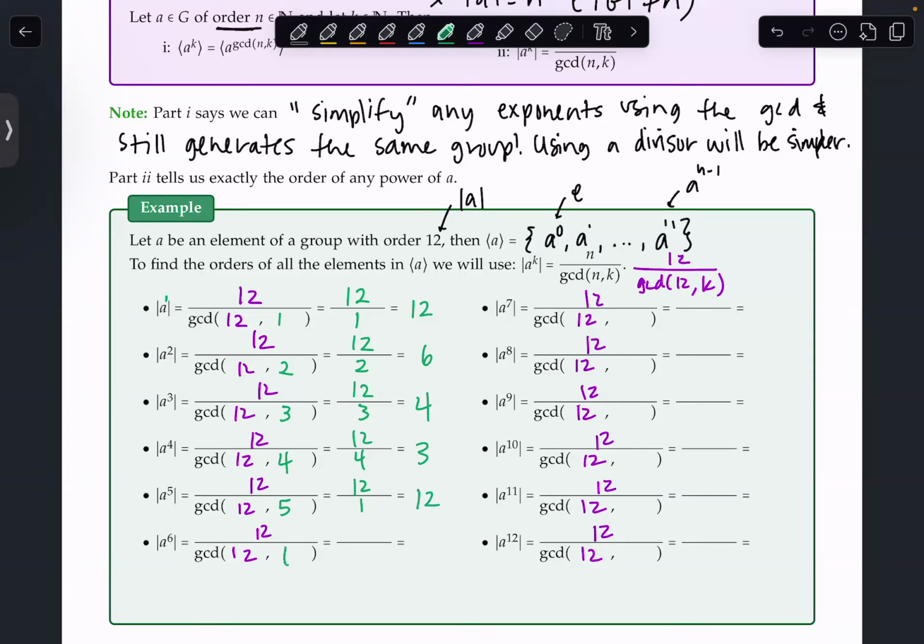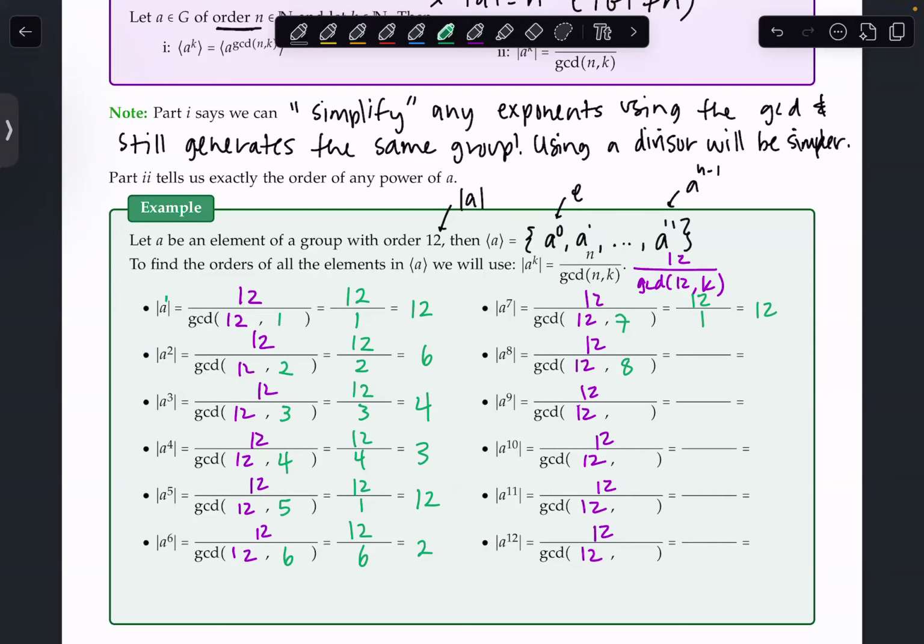Okay, next up I have 6. Again, another factor. So my GCD is going to be exactly 6. So when I divide these two, I'll get back 2. And I keep going. What do I get for my GCD of 12 and 7? 1. So my order is 12. My GCD of 12 and 8. 4.